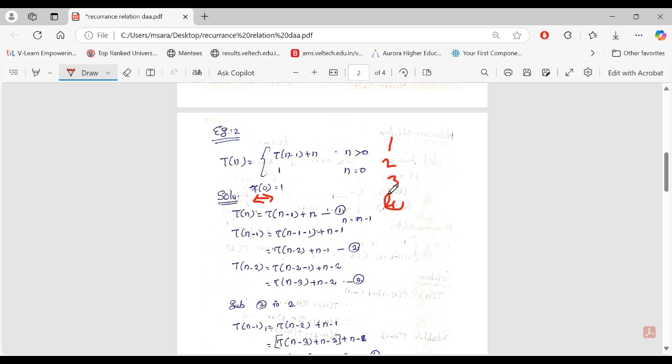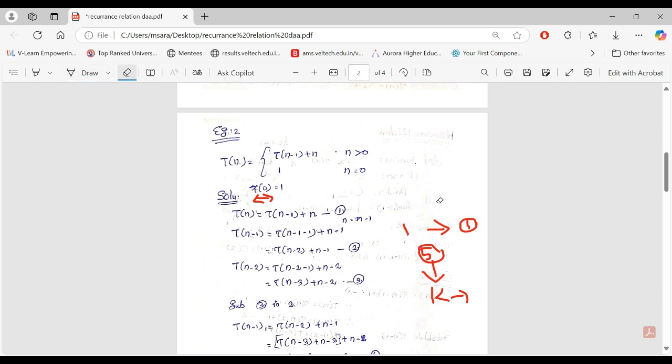When I find the fourth equation, substituting the third equation into the second, I got the fourth equation. After finding the fourth equation, substituting it into the first equation we got the fifth equation. After the fifth equation we can replace with the k value. After the k value, we replace this particular term in the brackets. We can find the time complexity very easily.